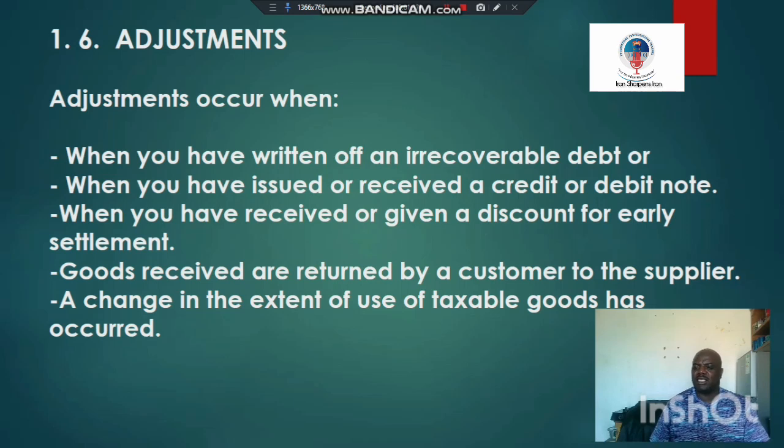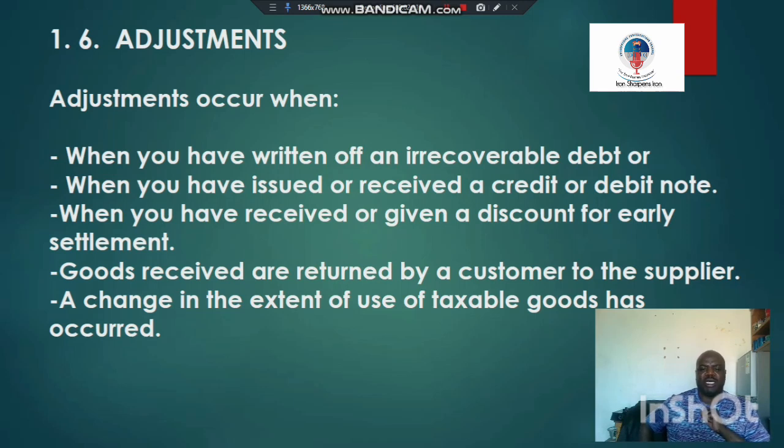Then you will have to adjust your VAT forms accordingly, because your VAT to be paid over to SARS would have appeared to be more than it actually was. For example, the tax invoice from your supplier was 1,000. You pay it early in 2 weeks, and then they gave you a discount. You are paying a total of 935. Your VAT obligation is going to change.